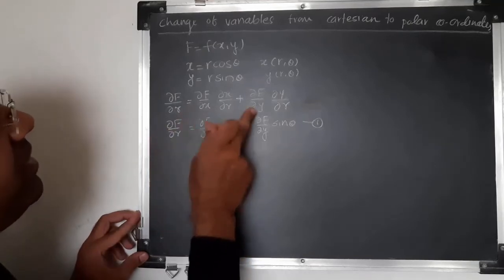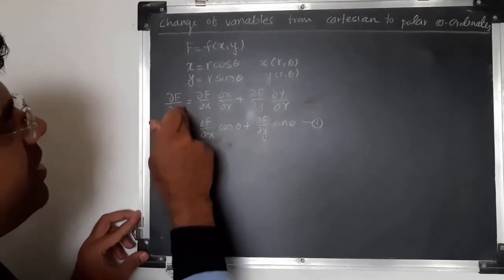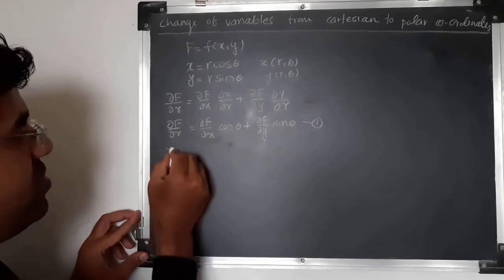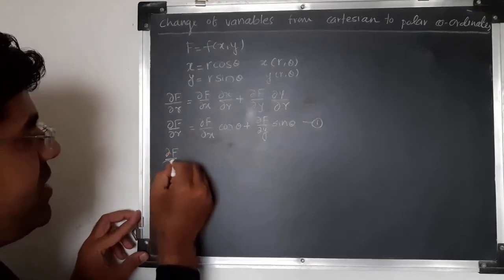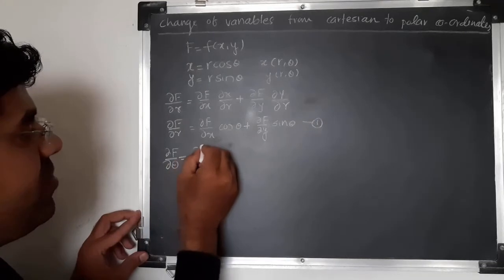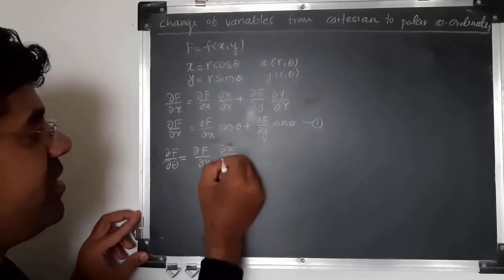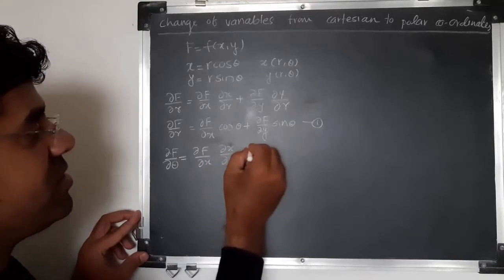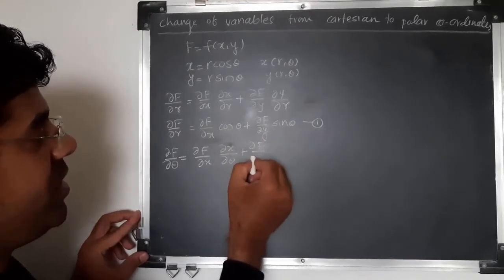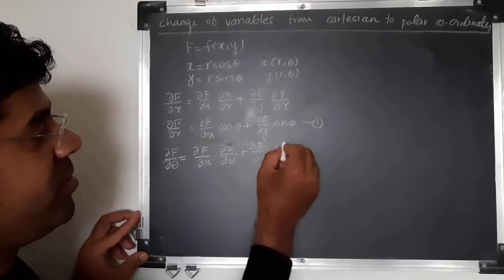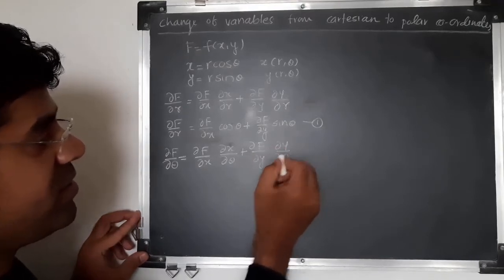Now again I will use the chain rule for ∂f/∂theta. So ∂f/∂theta is nothing but ∂f/∂x into ∂x/∂theta plus ∂f/∂y into ∂y/∂theta.